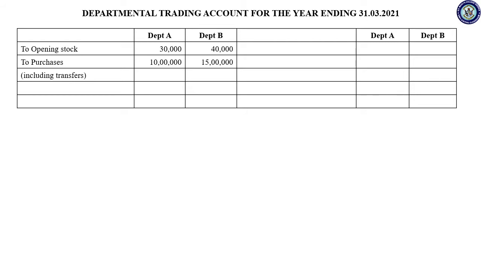Then along with purchases, they have given sales, sales including transfer. Then the closing stock, that is the total closing stock. So the difference will be the gross profit.